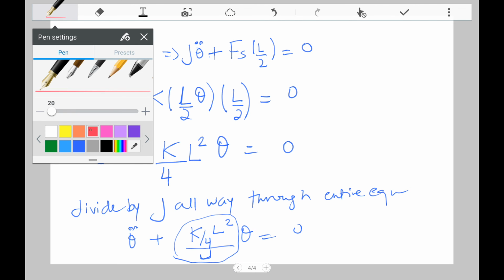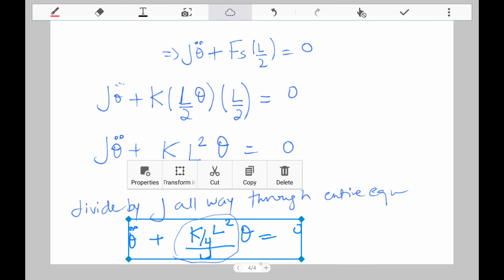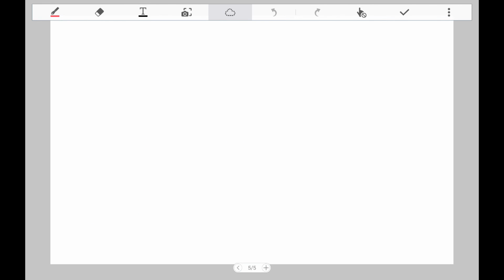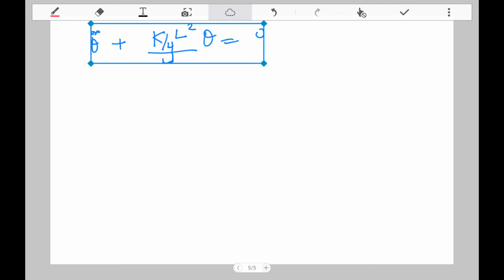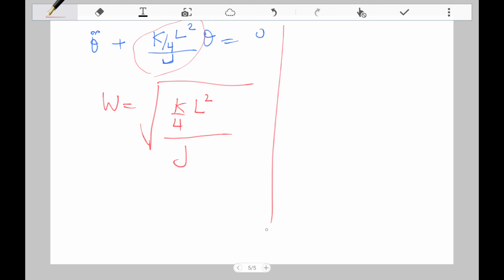Let's take that whole thing, copy, take it to another page, and paste it here. That's what we want. This is our natural frequency: K over 4 L squared over J. We can simplify this more if we know what J is.